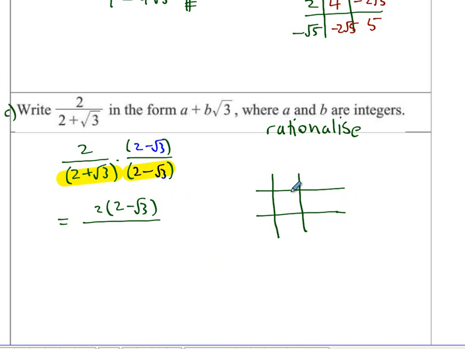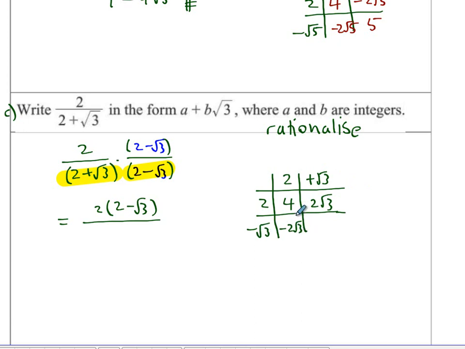So I have 2 positive root 3 and 2 negative root 3. Let's see what we have. 2 times 2 is 4. 2 times root 3 is 2 root 3, and that's positive. Here 2 times minus root 3 is negative 2 root 3.